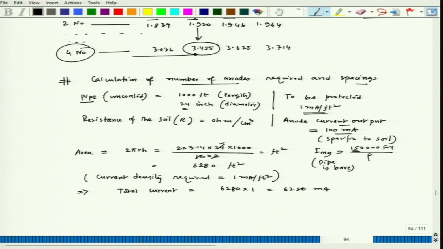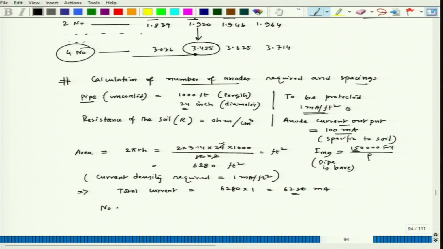Those F and Y we can find out from the tables as we have discussed just before coming to this part. Now, this is the total current that will be required for protection when we need to supply this much current density.